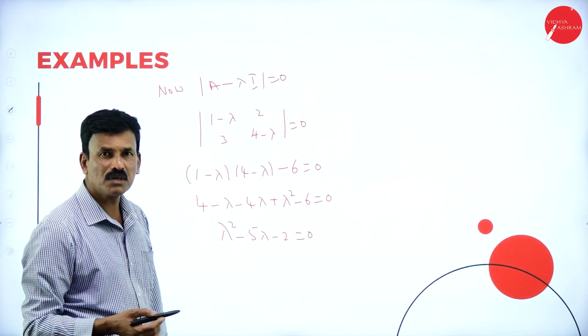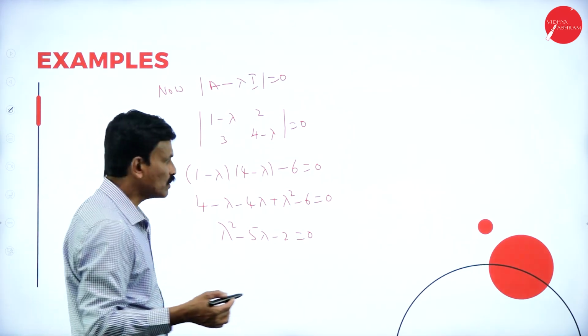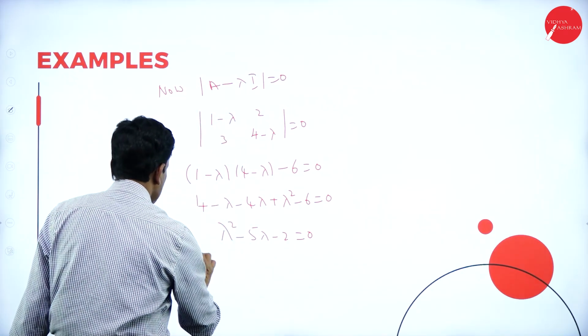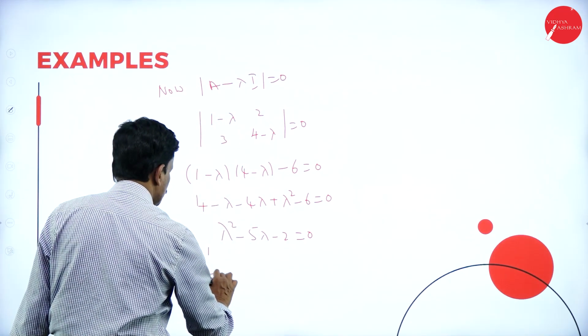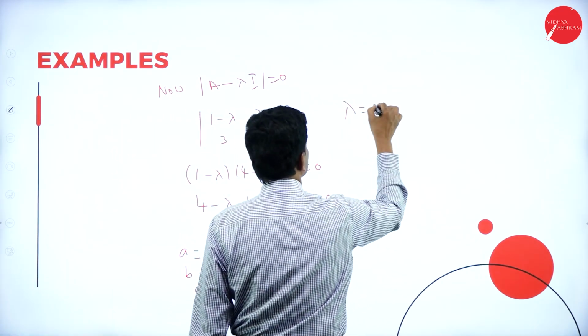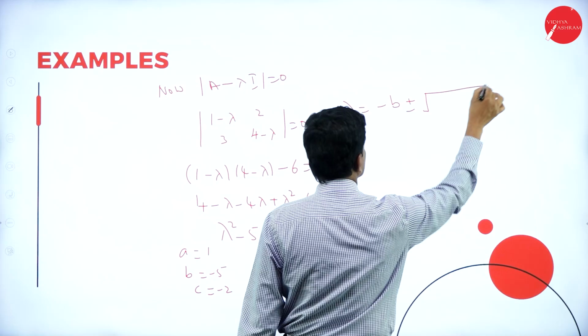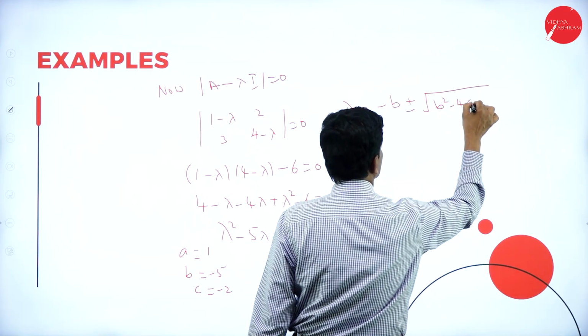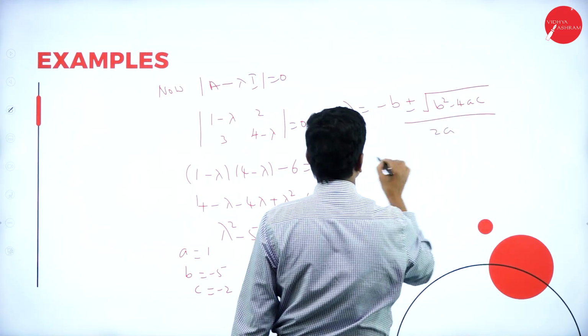So, this can be solved by Sridharacharya's method. Here, what is a? a is equal to 1, b is equal to minus 5, c is equal to minus 2. So we can write lambda is equal to minus b plus or minus root of b square minus 4ac, divided by 2a.